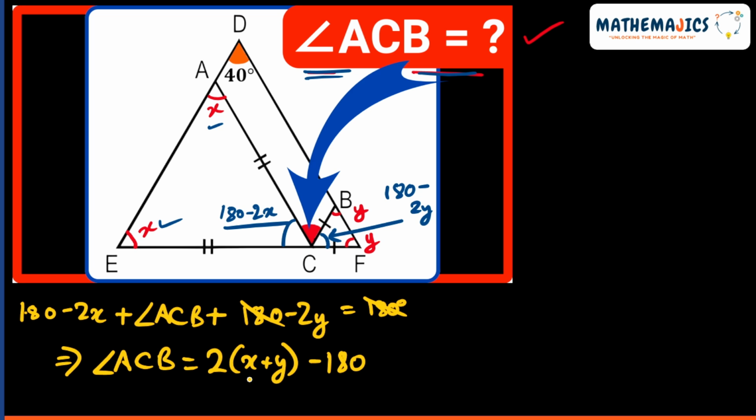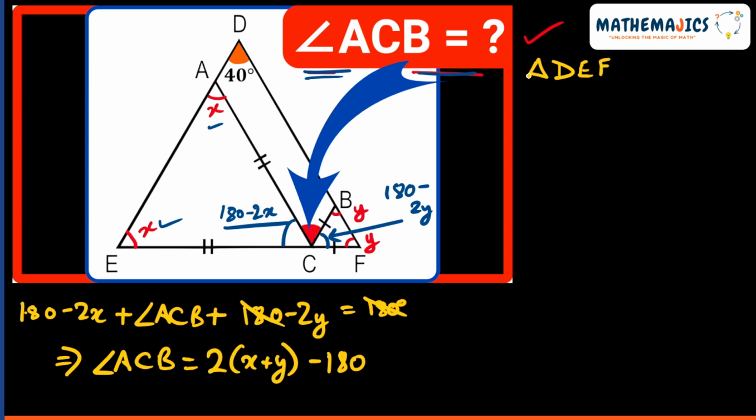Okay. Now from where we can find this value of x plus y so that we can find the value of angle ACB? Let's see. Look at the largest triangle, that is triangle DEF.